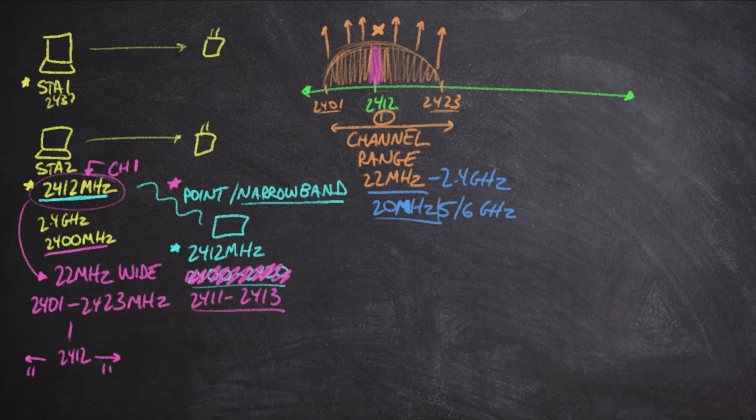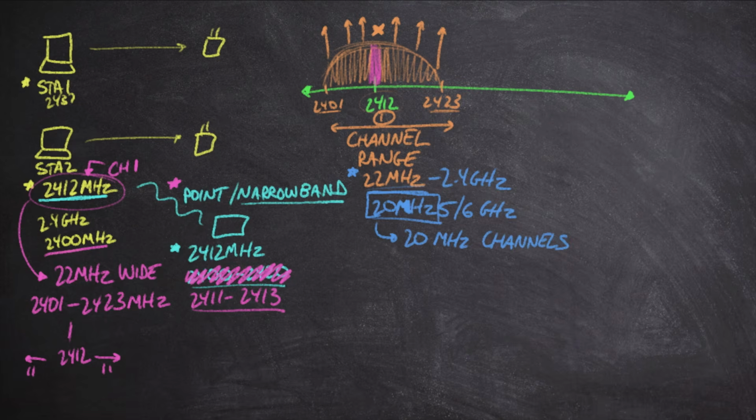The reason for that is simply that, yeah, it's 22 megahertz here, but there's a couple of reasons. First of all, we just tend to round and say this is about 20 megahertz. But second of all, with our modern transmission techniques, we actually only end up using 20 of the 22. So usually you're going to hear it stated that we have 20 megahertz channels that we use inside of our Wi-Fi space.